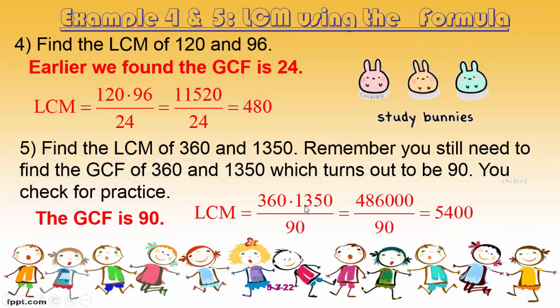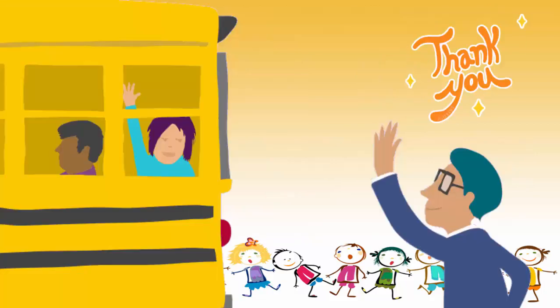And then m and n, 360 times 1,350 gives me 486,000, and we divide the 486,000 by 90, which we found to be the greatest common factor, and we get 5,400.